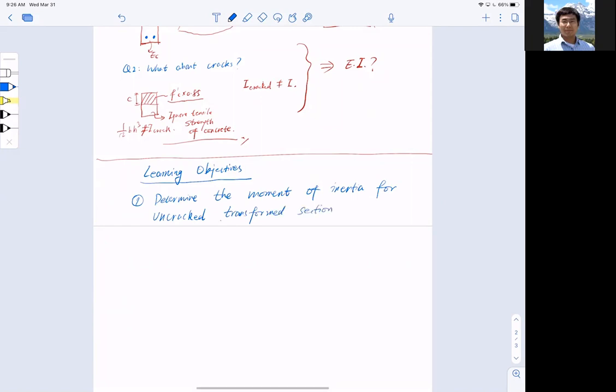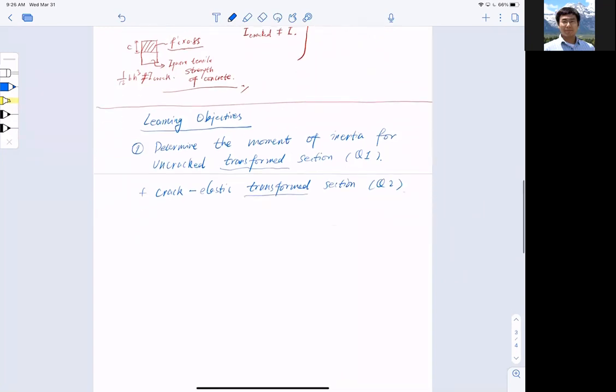So why transform? That means we have to consider the reinforcement. That answers question number one. And we also have to determine the moment of inertia for the cracked elastic transformed section. This answers question number two.